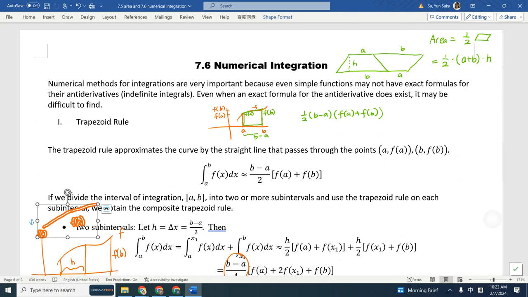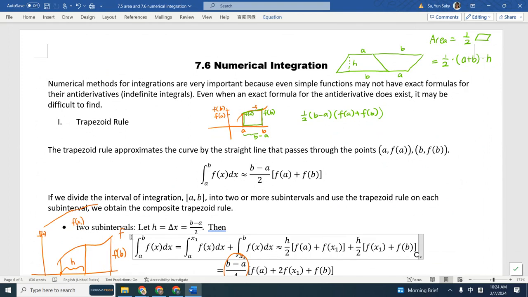Okay, so numerical methods for integration are very important because even simple functions may not have exact formulas for their antiderivatives. Right now we only learned 3 types of integrals: the power rule, x to the n, or the exponential function, or 1 over x. But there are a lot of different functions that we're not able to integrate.